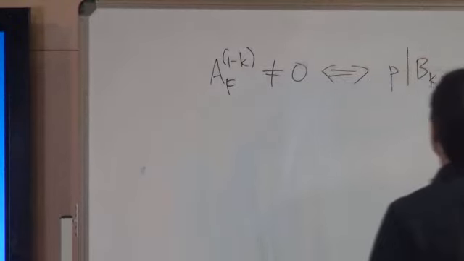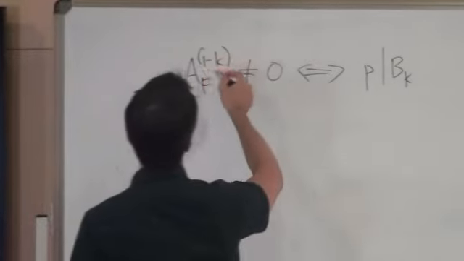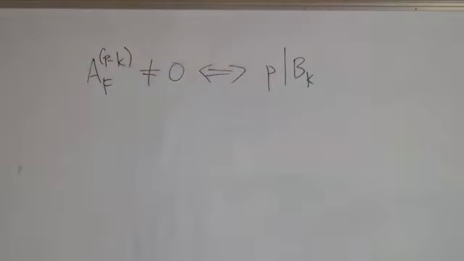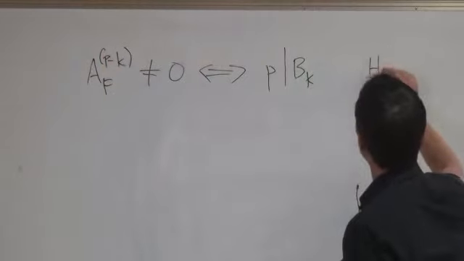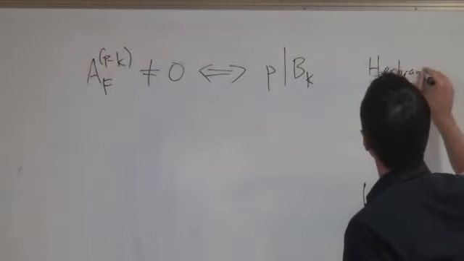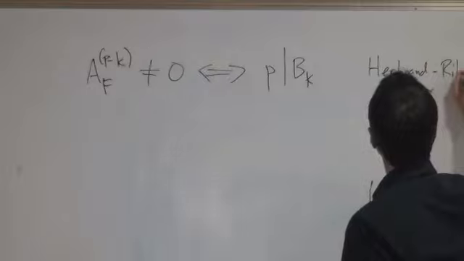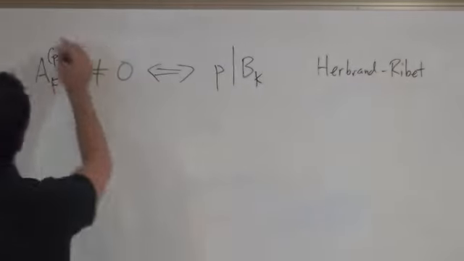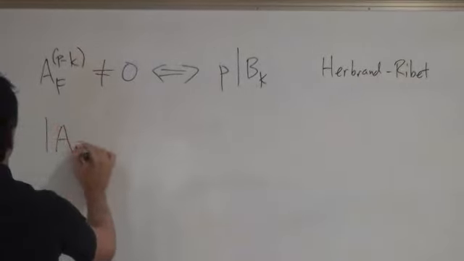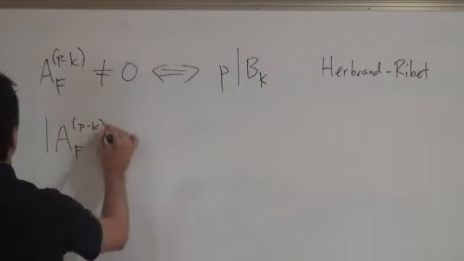Notice these numbers only depend mod p minus 1. So this thing is the same as p minus k, maybe if that's more comfortable. That's Herbrand-Ribet. But as a consequence of the main conjecture, you can actually say exactly what the order of this eigenspace is.